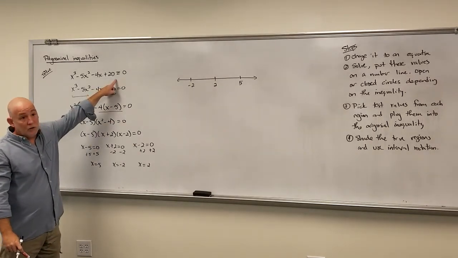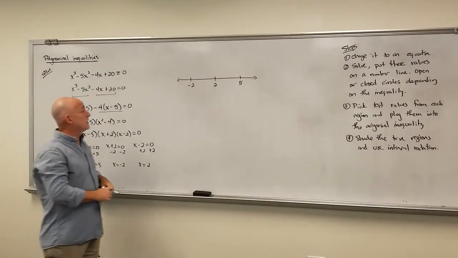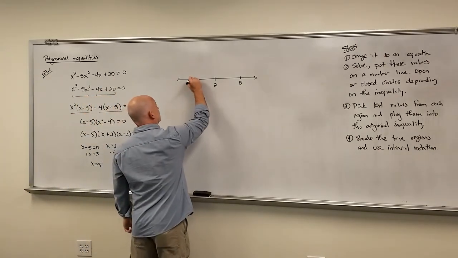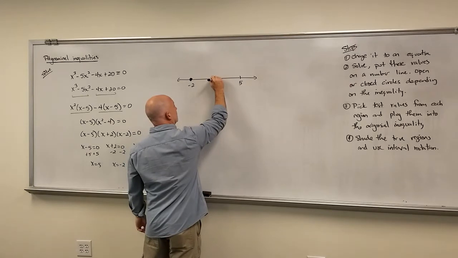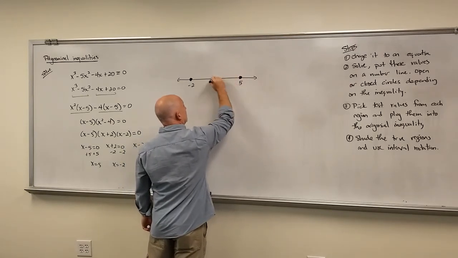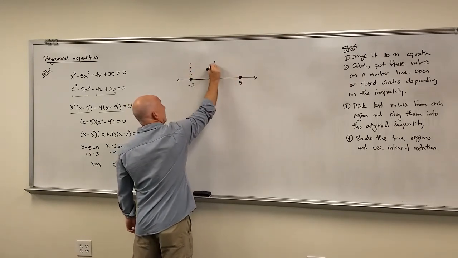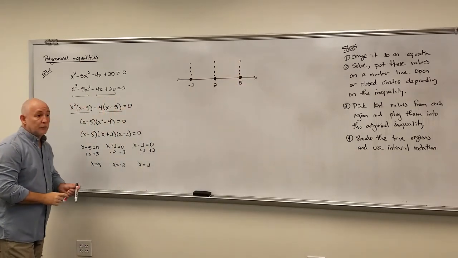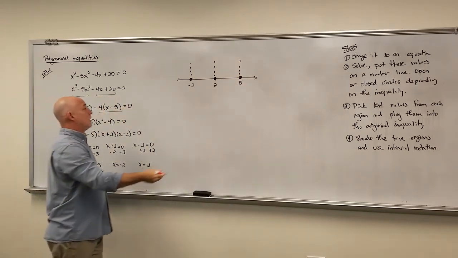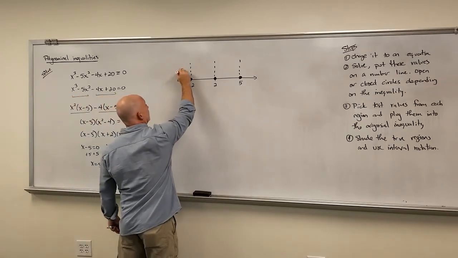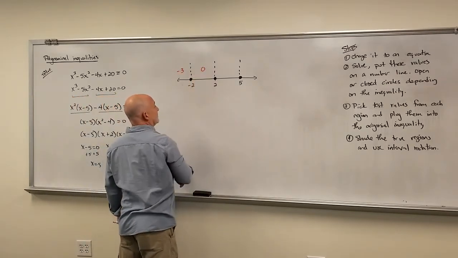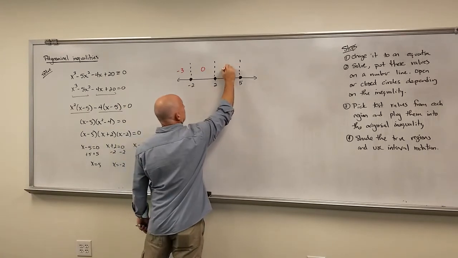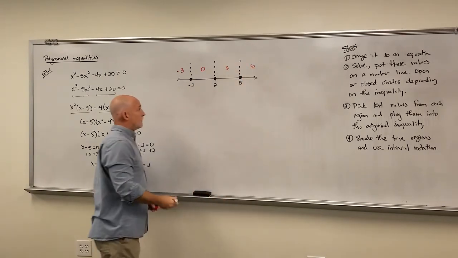The original inequality has the equal sign, so these get closed circles. I'll color them in. All right, that breaks our number line up into, in this case, 4 different regions. So pick a number from each region. Pick a number over here on the left. Let's go -3. Always find a 0 because that's easy to use. How about 3 and 6?